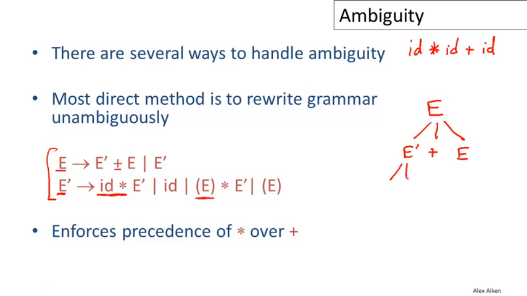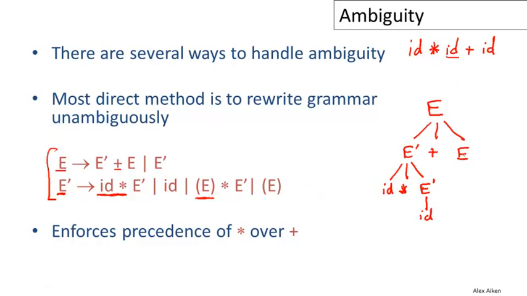So we have to use this production, ID times E prime. Now, in order to match the string, the one remaining E prime here has to go to ID, because sandwiched in between the times and the plus is a single ID. There's only one production that will do that, so that's completely unique and determined.